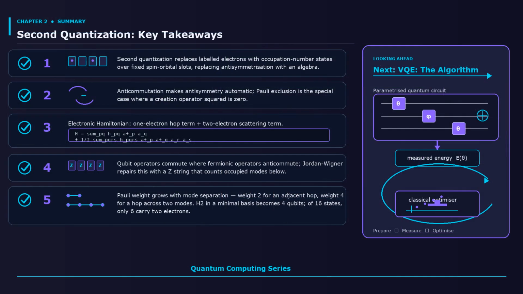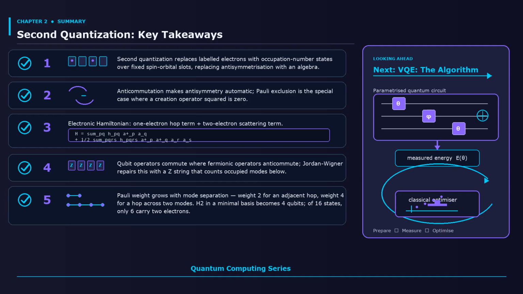Let us recap. Second quantization replaces labeled electrons with occupation number states over fixed spin orbital slots and replaces antisymmetrization with an algebra. The electronic Hamiltonian becomes a 1-electron hop term and a 2-electron scattering term whose integrals are classical input.